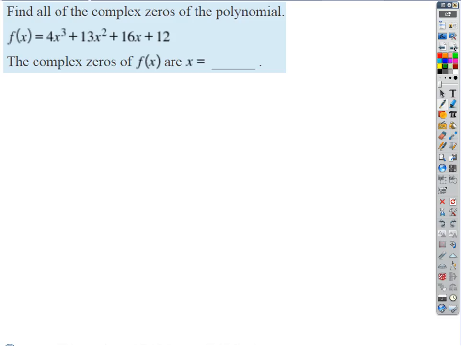Okay, all right, so you must not have been plugged in, because we just talked about this. Somebody help them out. What's it going to be? The degree. So what is that, Cyrus? 3. The degree of the polynomial is the highest power of x, and that's 3, right? So we know we're going to get 3 complex zeros. We don't know what they're going to look like.